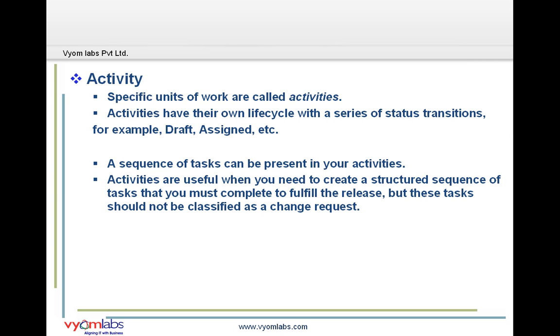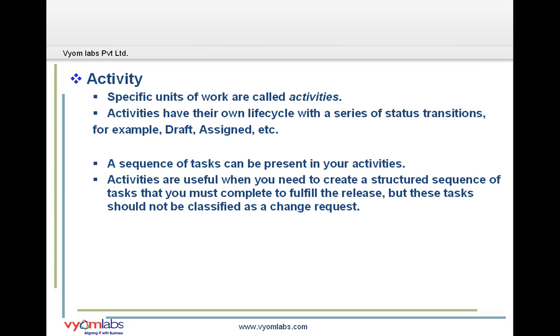You can always establish a sequence of tasks in your activities. It will be useful when we need to create a structured sequence of tasks that we must complete to fulfill the release. But mind you, we can never take these tasks as change requests. They will only be considered as tasks associated with the activities.